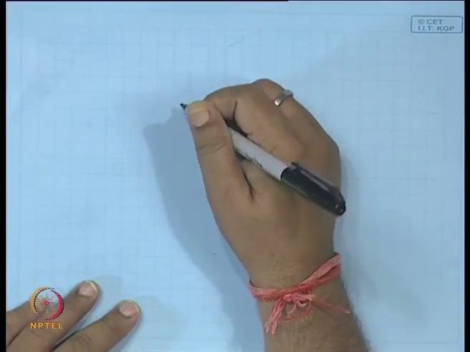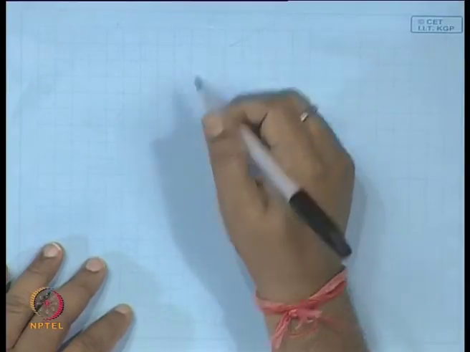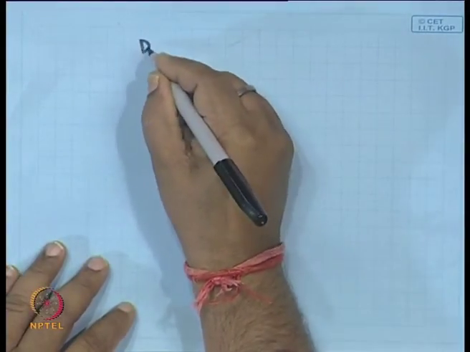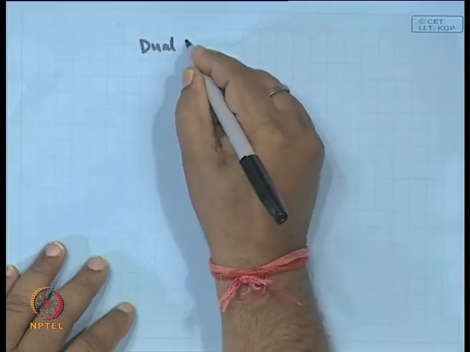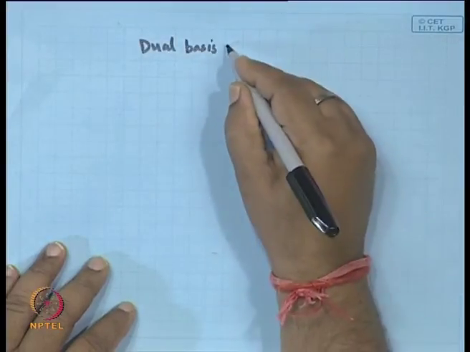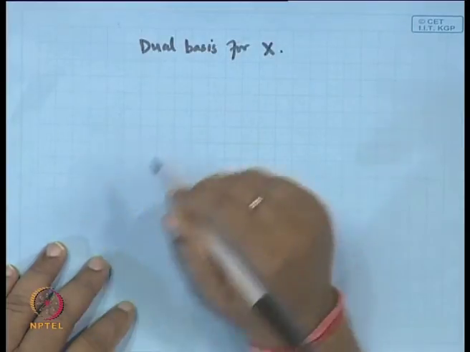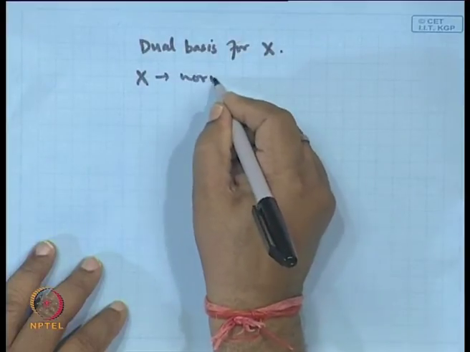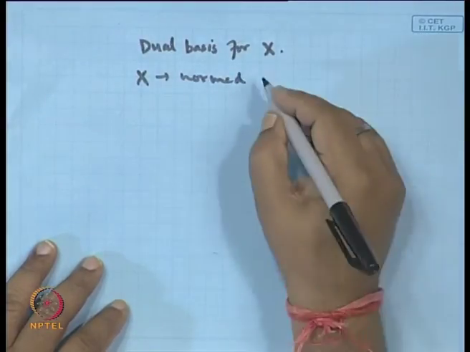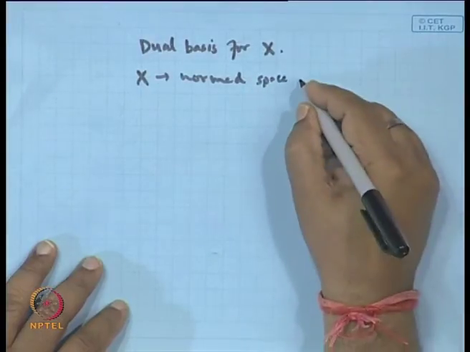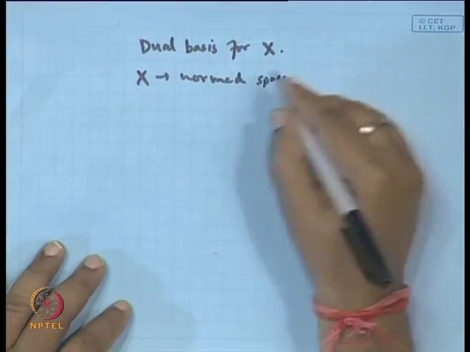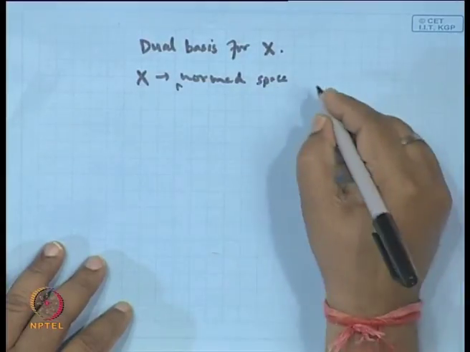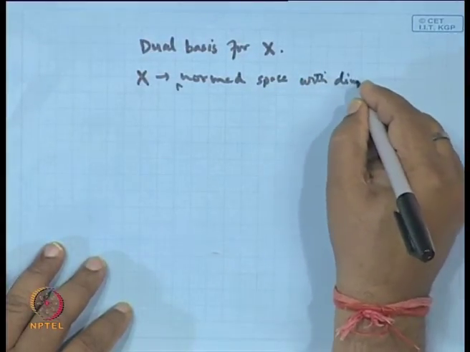So, we will continue the same topic, that is the linear functionals on a finite dimensional case first, and here we will find out what is the dual basis for X, where X is our normed space, a finite dimensional normed space with dimension n.